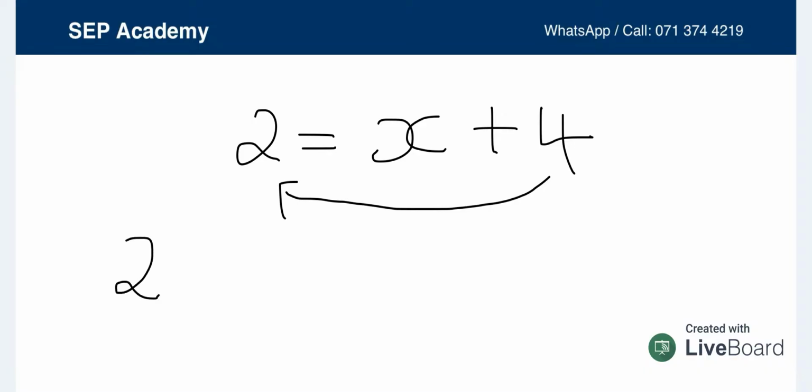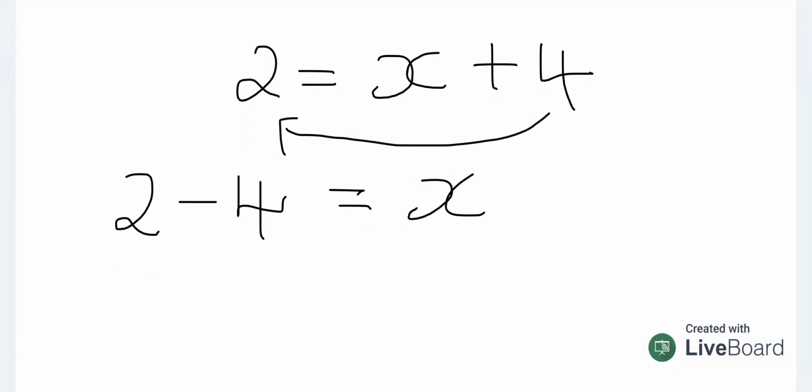That's why you start by writing 2, because 2 is already there. This one being the visitor, it has to change a sign, and then it becomes negative 4, which is equals to, here it is x that remains. So when you say 2 minus 4, definitely that will be negative 2, which is equals to x.